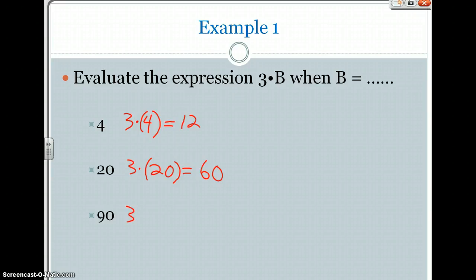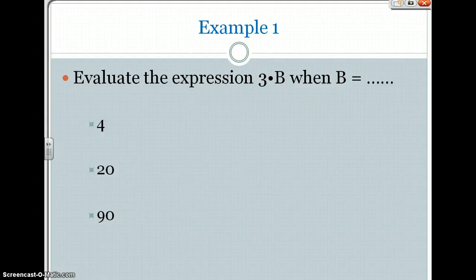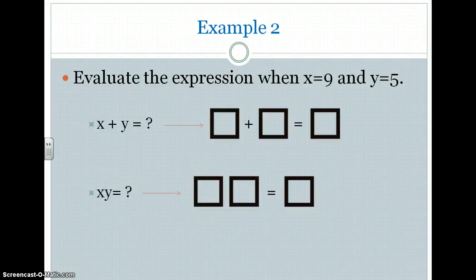And when 3 times b and b is equal to 90, we'll get 270. Okay? Alright. Go ahead, remove those, and move on.